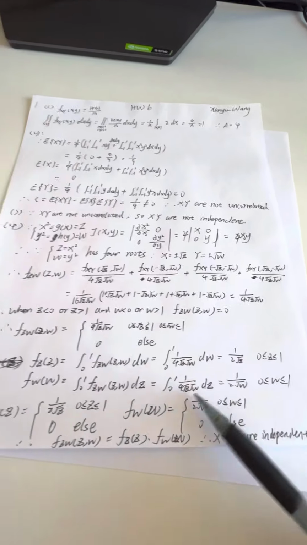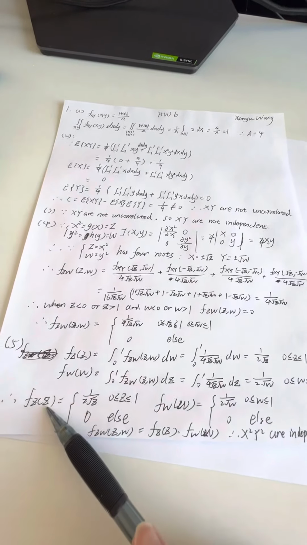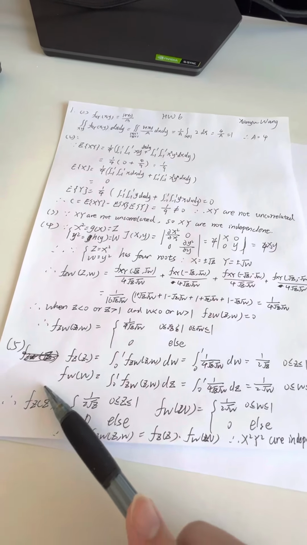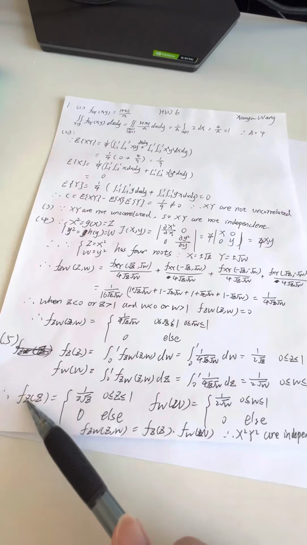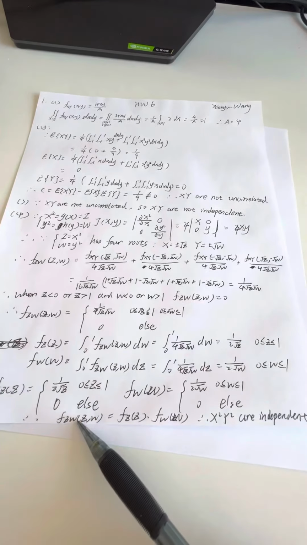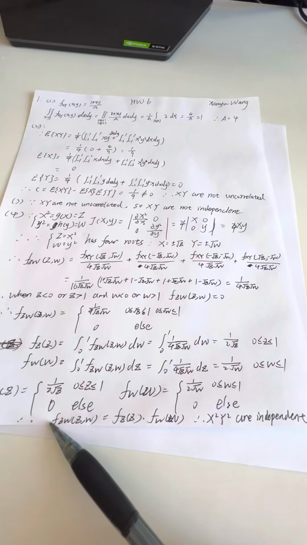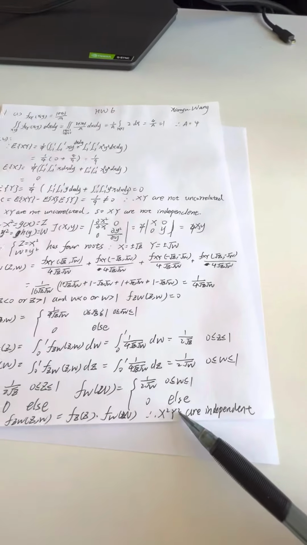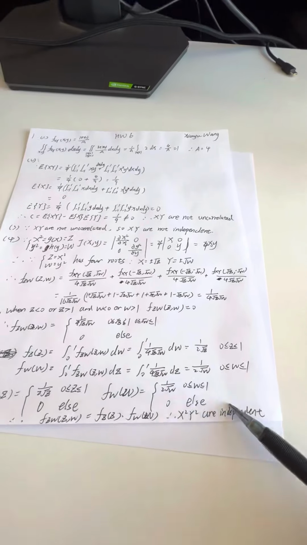Here is the result, and we notice that the marginal density functions multiplied together give the joint density function. So x squared and y squared are independent.